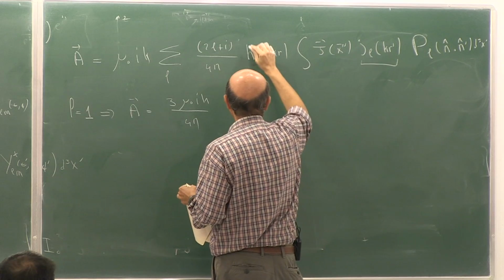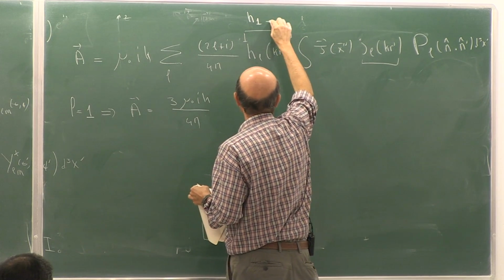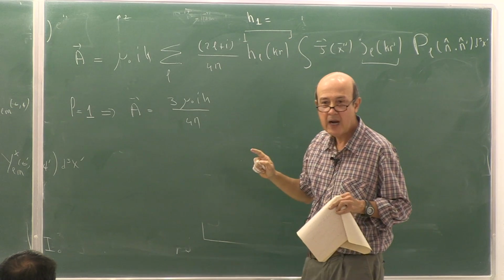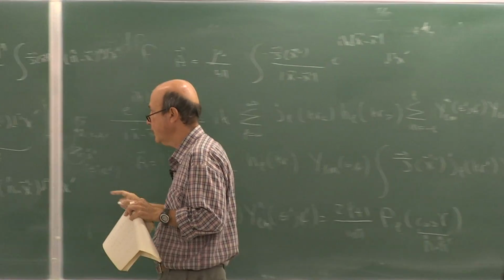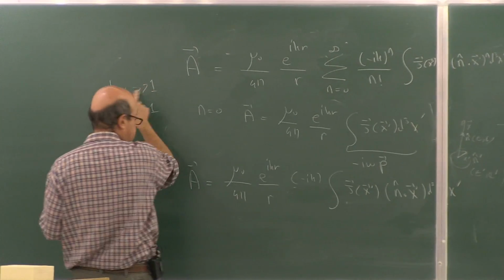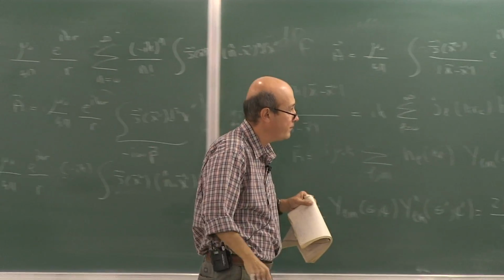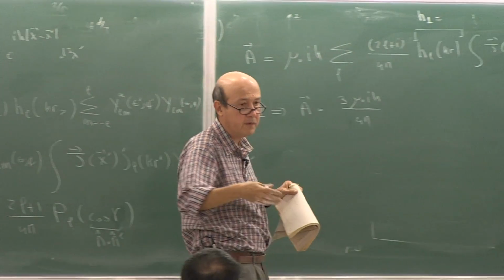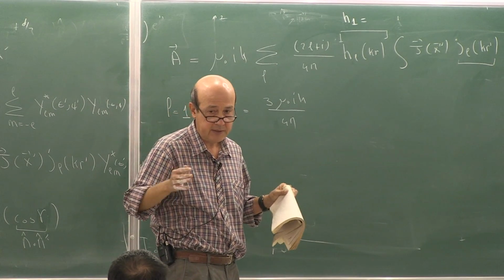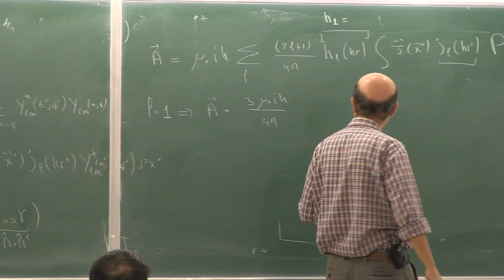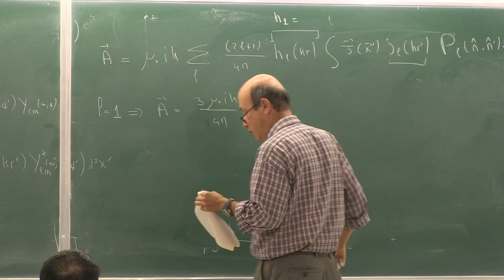And h1, when L equal to 1, what is the condition for kr? kr is a large number, kx prime. There is an asymptotic form of the Bessel function. Look at the related section in chapter 9. There is a very nice chapter that summarizes the forms of the Bessel functions and gives you a nice tool.